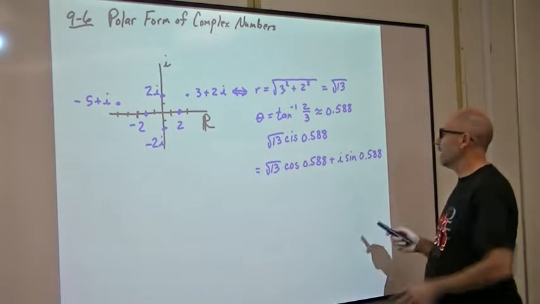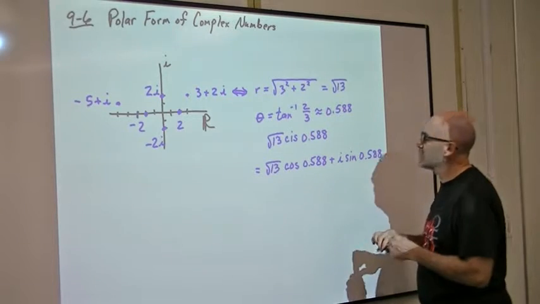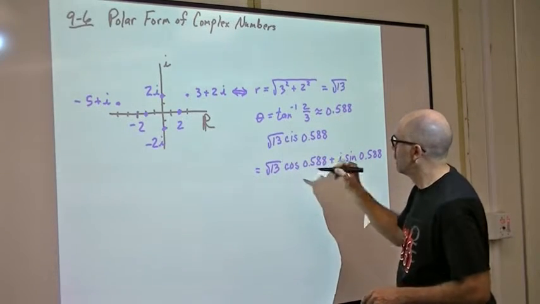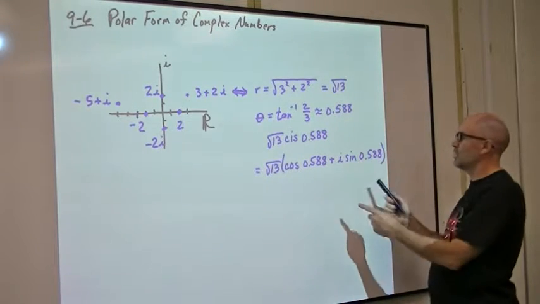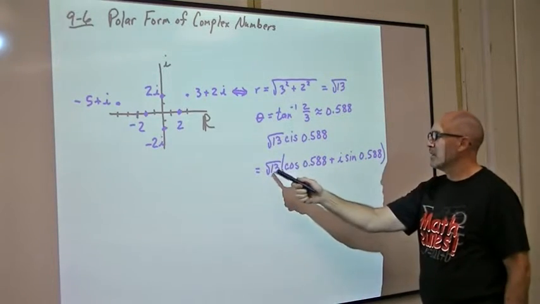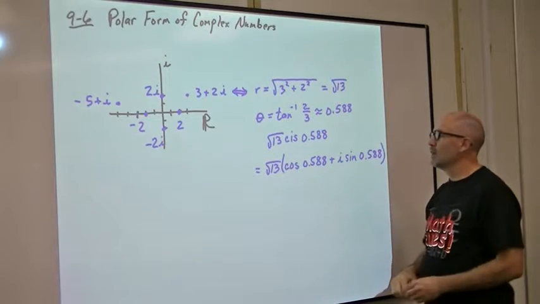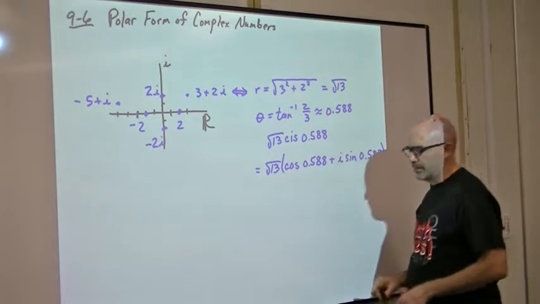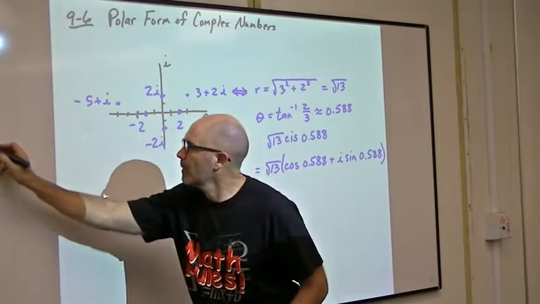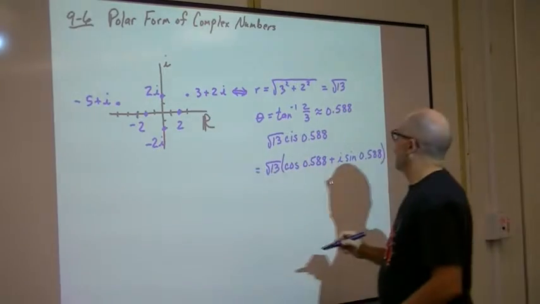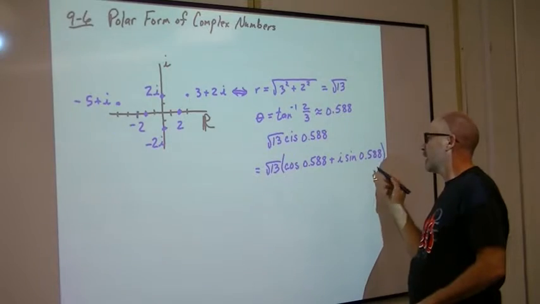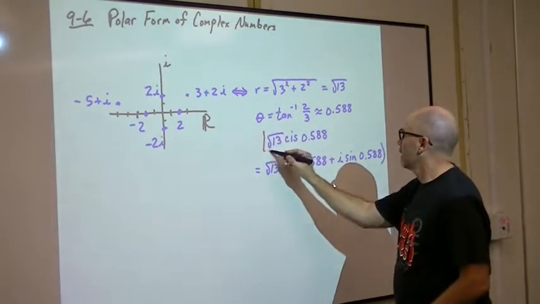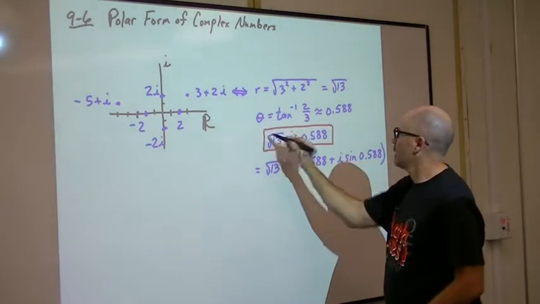The y coordinate is the imaginary part. And actually, to be formal here, we do need to put the parentheses around it because it's square root of 13 times the whole thing. But I don't like writing cosine of the angle plus i sine of the angle. This is much more convenient.